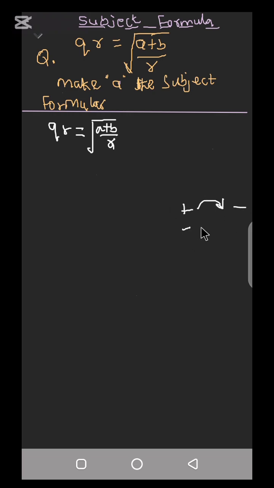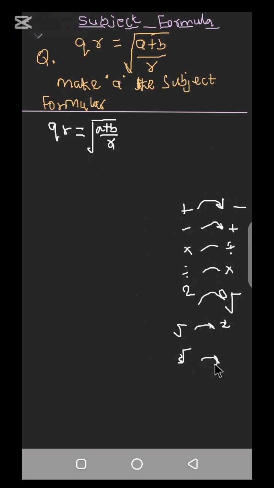If I have a negative operation, reverse it to a positive operation. The same goes for multiplication, reversed to division, and division, reversed to multiplication. Square is reversed to square root, just as square root is reversed to square. Even a cube root is reversed to cube.